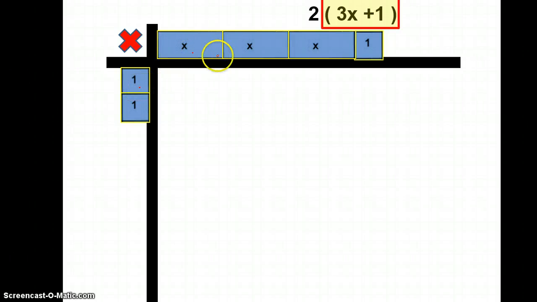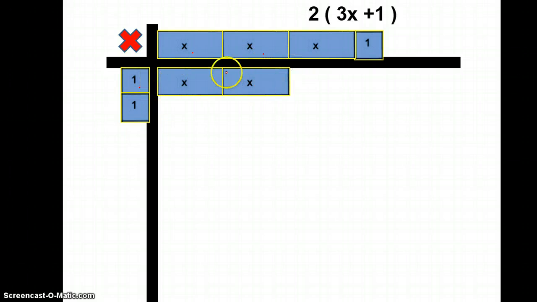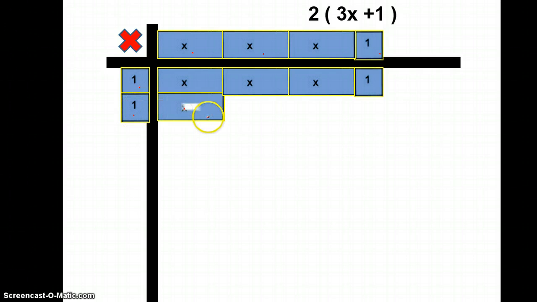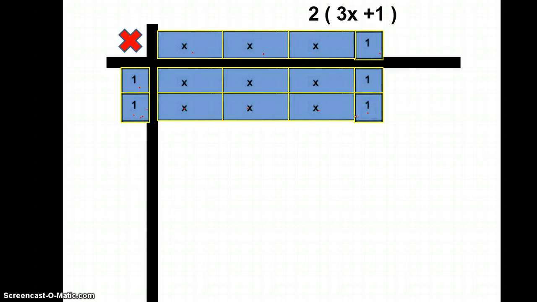Okay, so I have 1 times x. That'll get me x. 1 times x, another x, and 1 times x, you guessed it, another x. 1 times 1, another 1. 1 times x, 1 times x, 1 times x, 1 times 1.